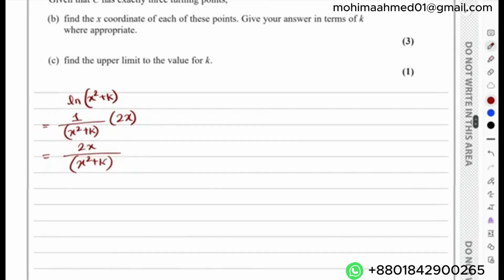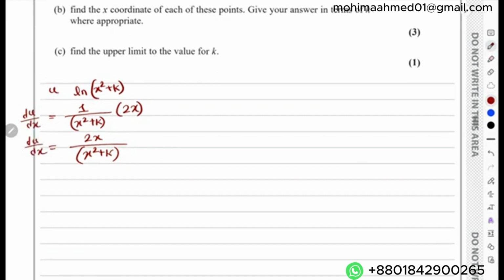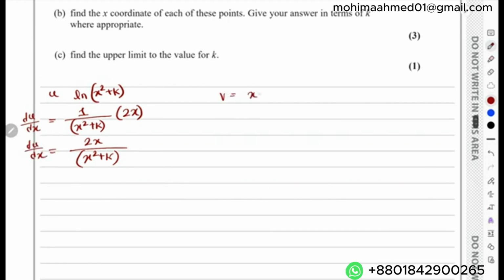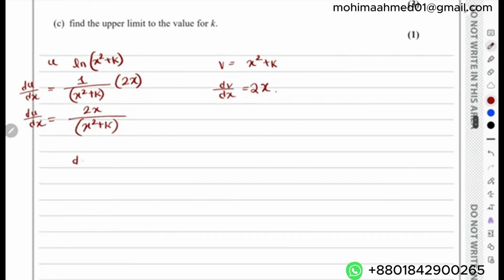So this is the value for your u, and this is the value for your du by dx. Then we'll move on to v, which was x squared plus k, and dv over dx is 2x, right? Okay, so we'll calculate this. dy over dx is u dv by dx minus v du by dx, over v squared.